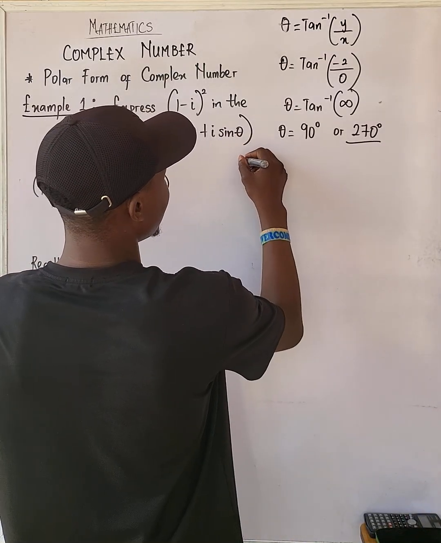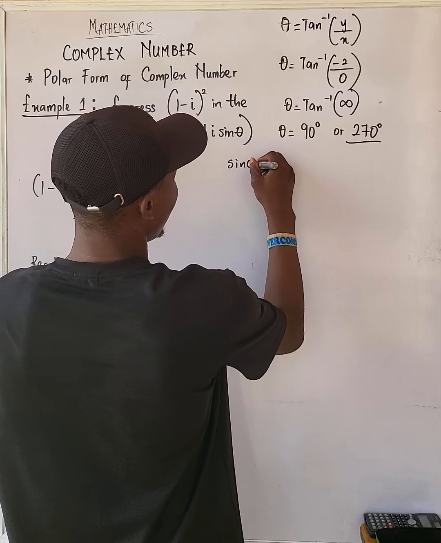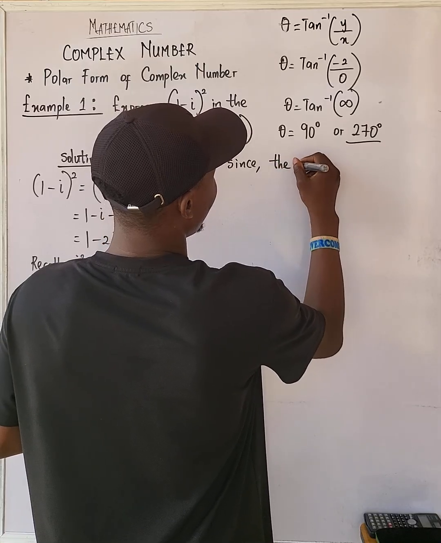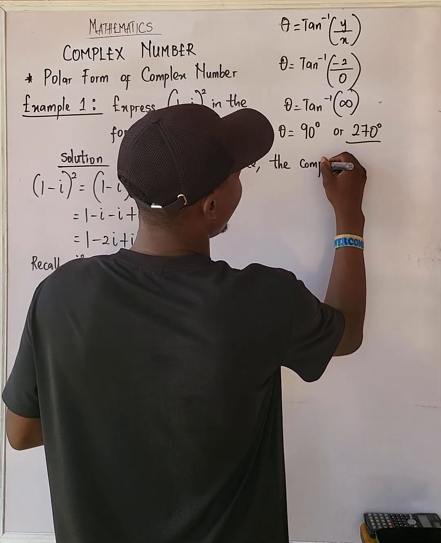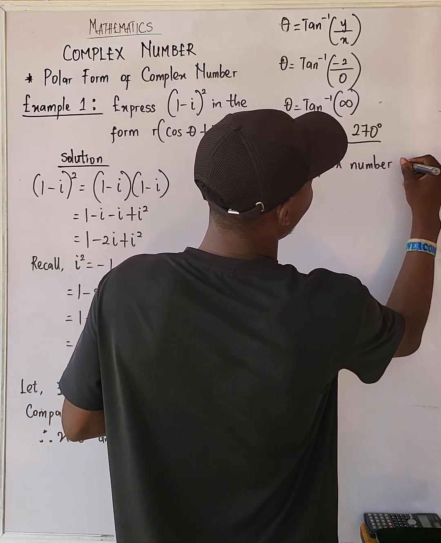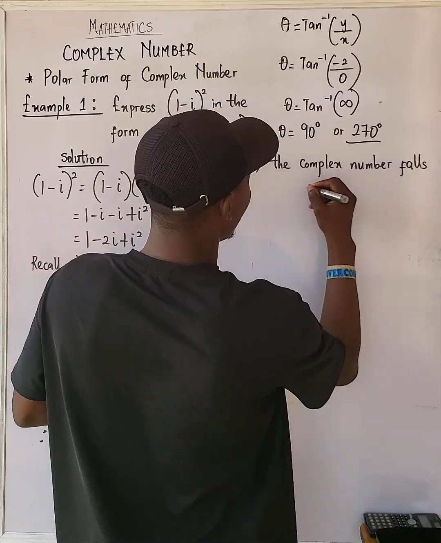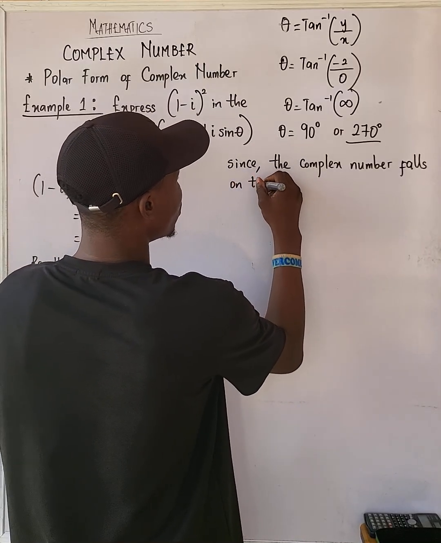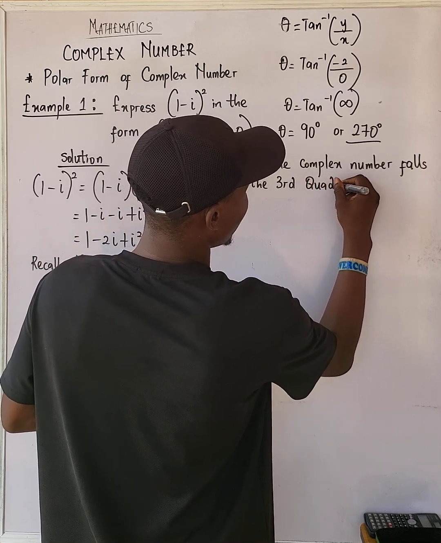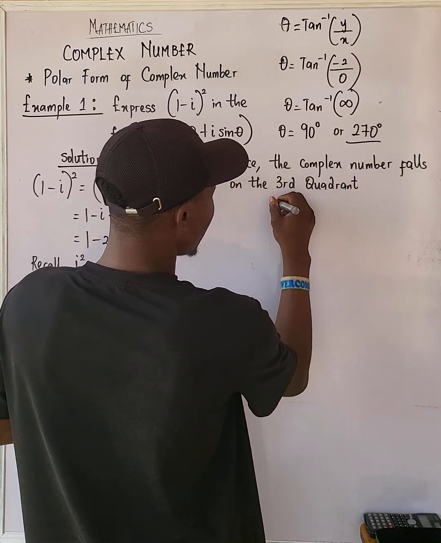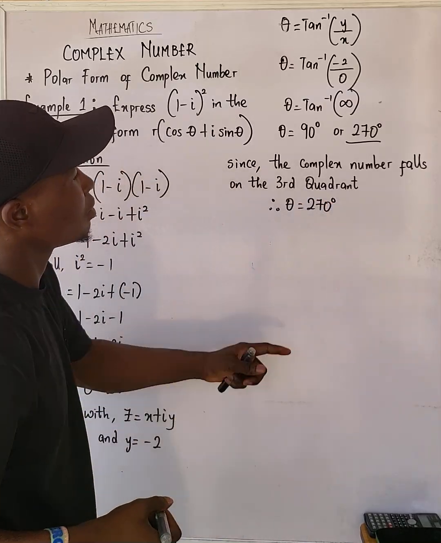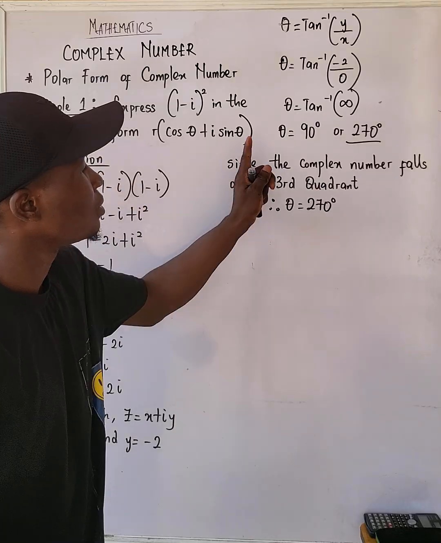So we can say since the complex number falls on the third quadrant, therefore my theta will be what? 270 degree.